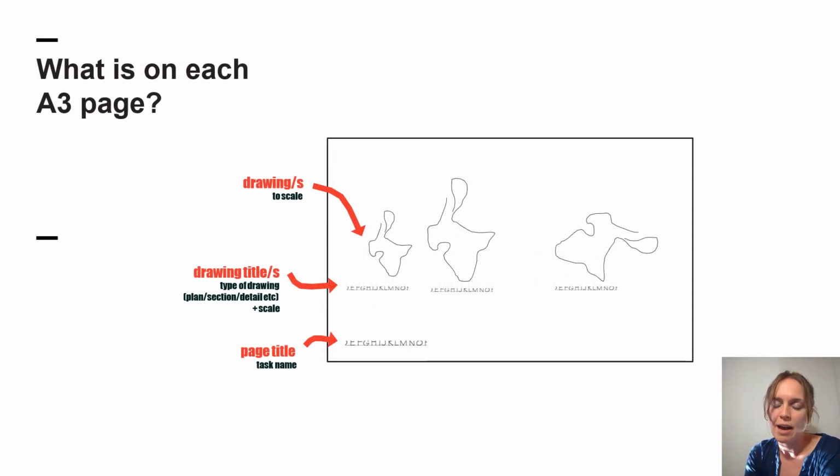So just to recap what should be on each page, when we're talking about the 2D drawings, there should somewhere be the drawing. So that might be a plan, a section, an elevation as you were required to do. Each drawing should always have a title, beneath the drawing.